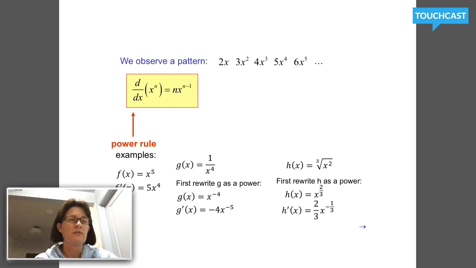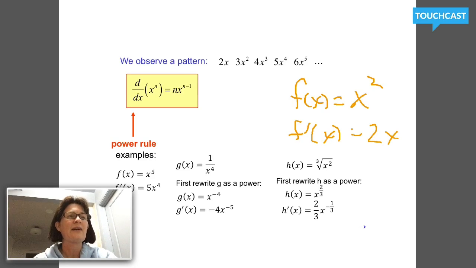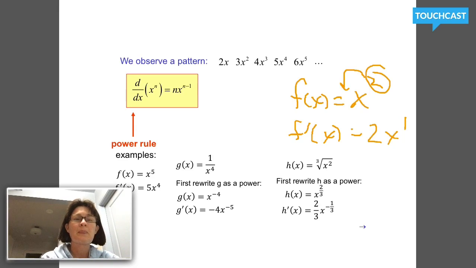So, for example, if f of x was x squared, f prime of x we said was 2x. See how the 2 sort of dropped down to the front, and the new exponent is 1 less than the old exponent.